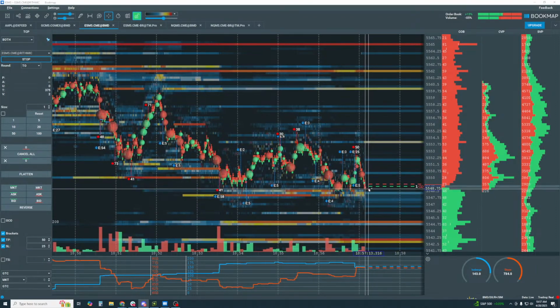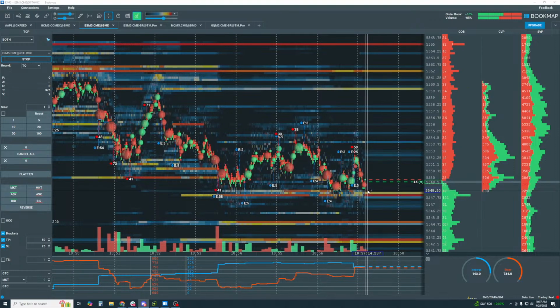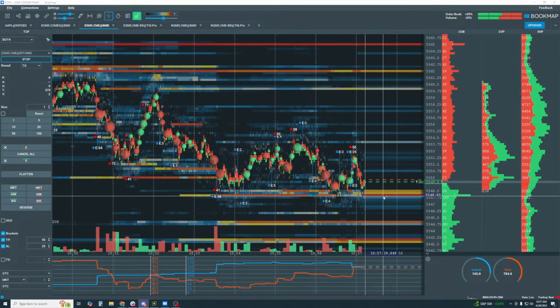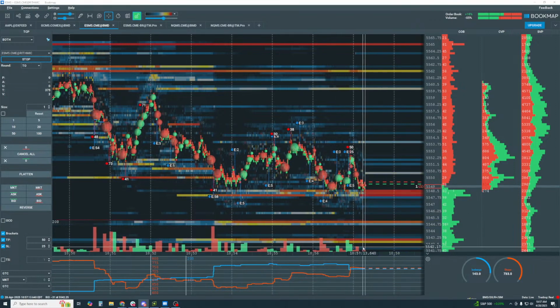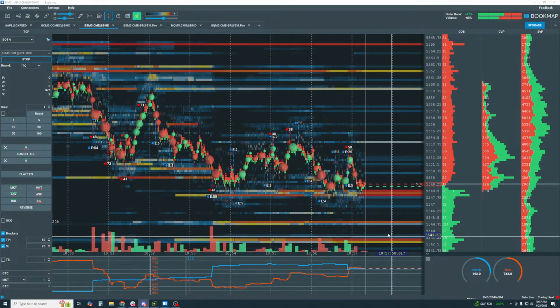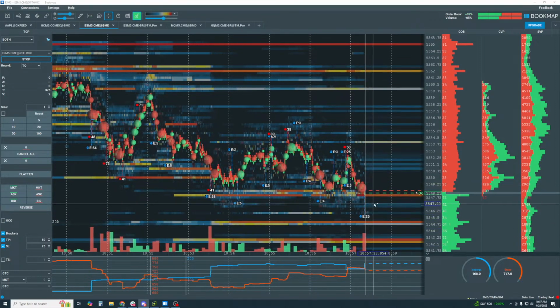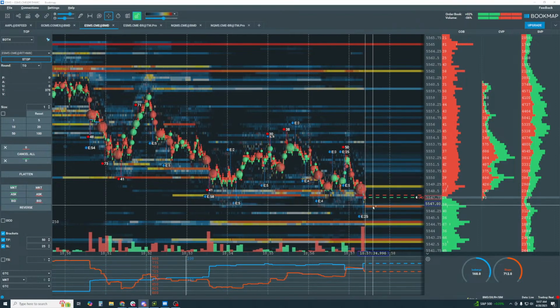Okay, so yeah, let's see. Actually, let's see if the sellers can break it here. There's some demand in here flashing in the book at 48. Okay, sellers taking it on though.